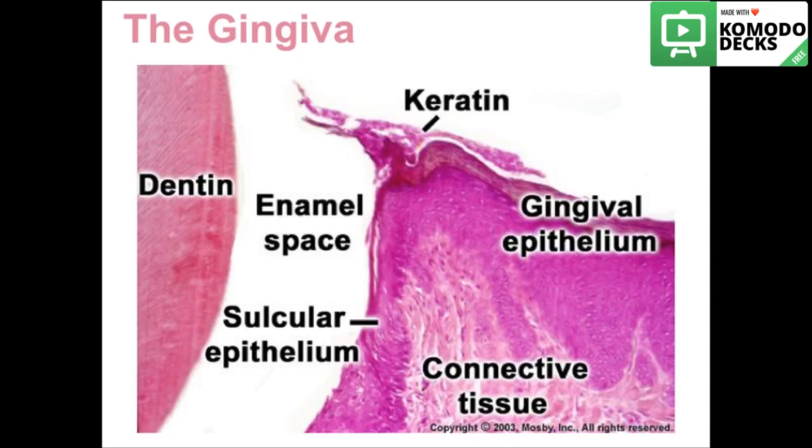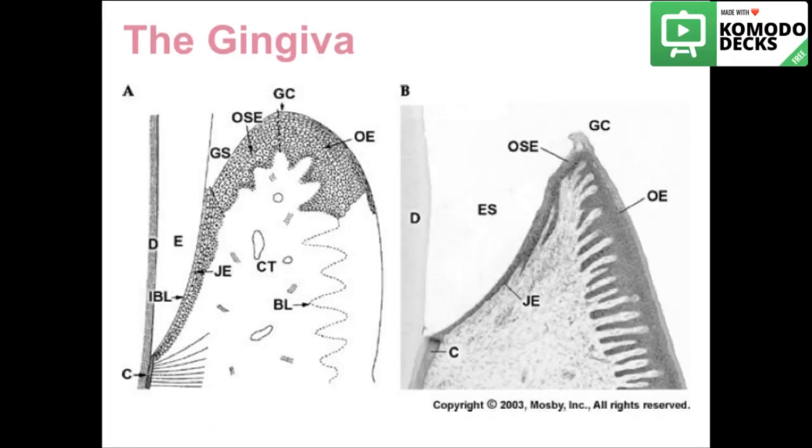This is an interdental papillae, the keratinized epithelium showing. So this is the oral epithelium, thick keratinized, the start of the gingival col, the oral sulcular epithelium, and the junctional epithelium.